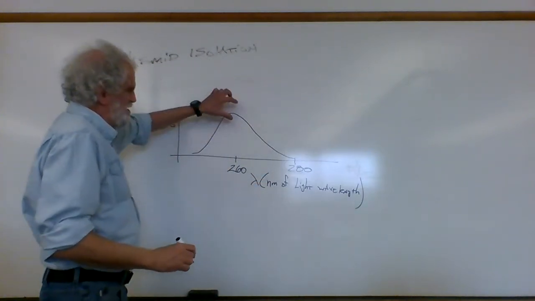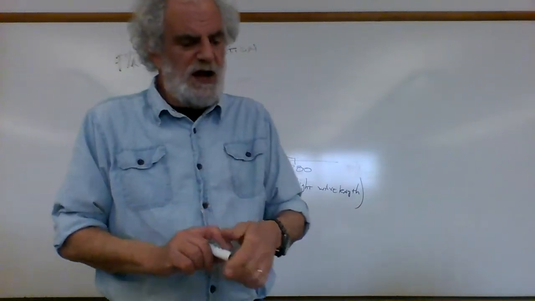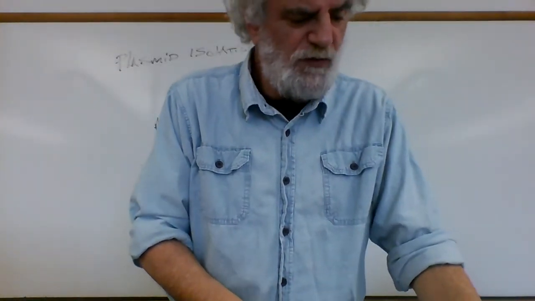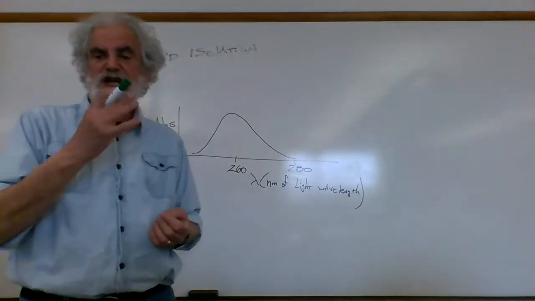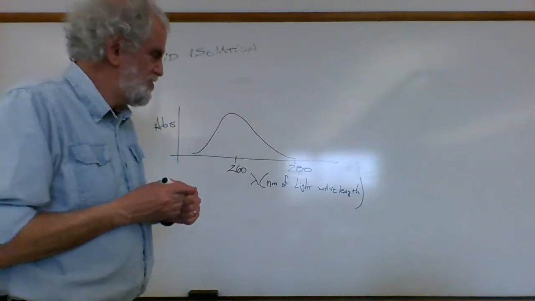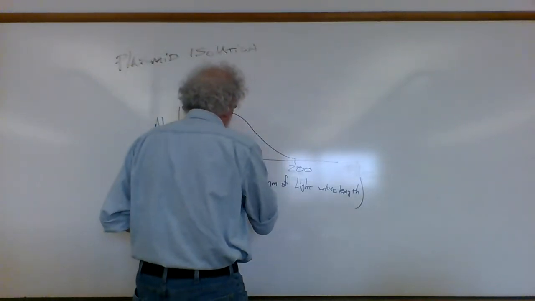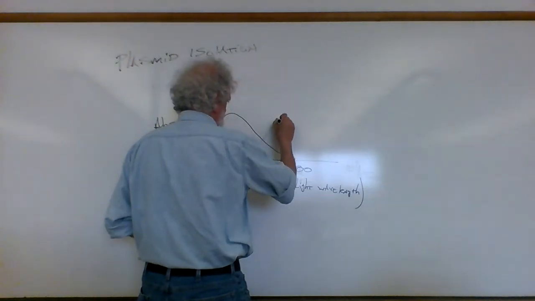So it has an absorbance maximum of around 260. Now, it turns out that protein also absorbs UV light, and particularly the tyrosine amino acid absorbs UV light mostly in the 280 range, but you've got an overlap like this for protein.